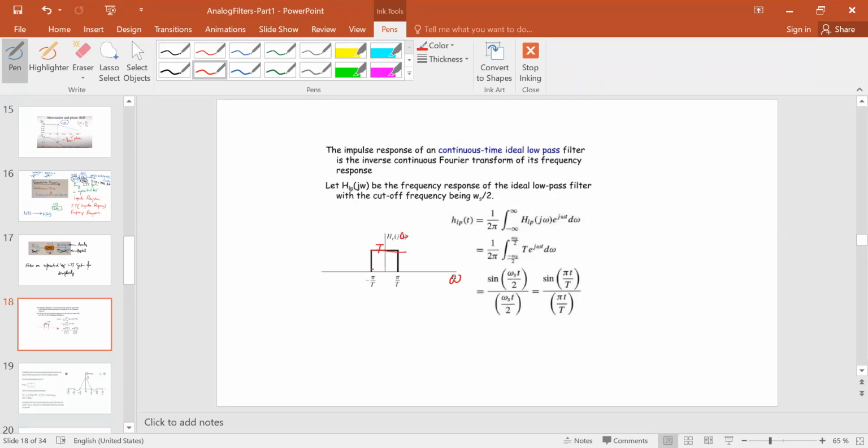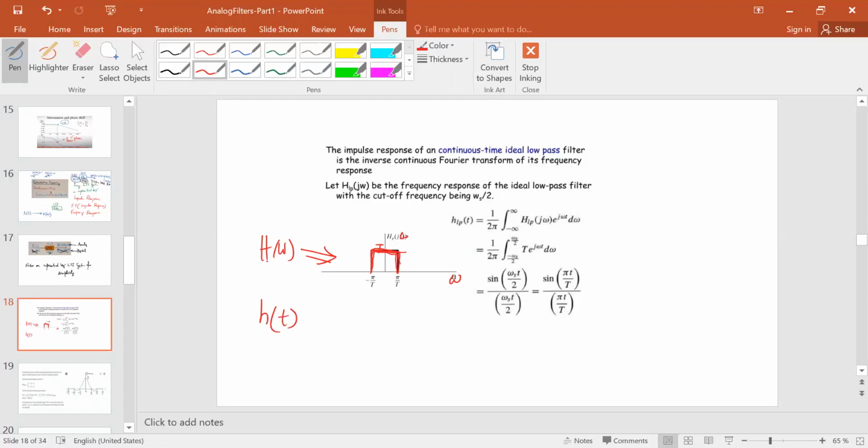Now if you have this kind of ideal low pass filter in your frequency domain, in which you have sharp edges, this is the frequency response of an ideal low pass filter. We want the impulse response.